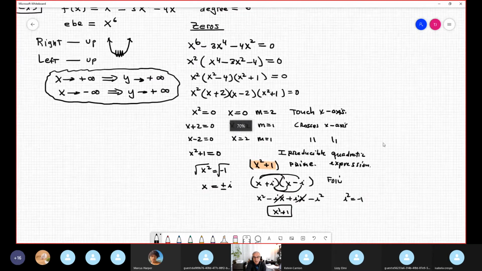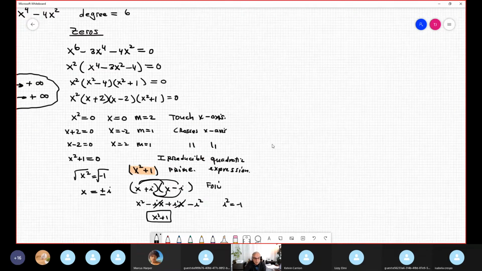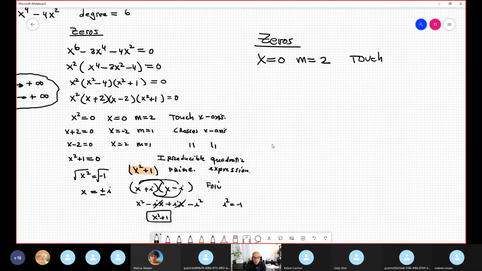So let me summarize the idea. What are the zeros that we have in our problem? Zeros: x equals 0, multiplicity 2, touch. x equals negative 2, multiplicity 1, cross. x equals positive 2, multiplicity 1, also cross. And that's it.